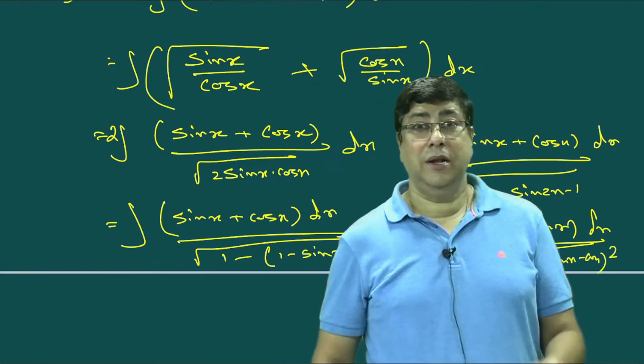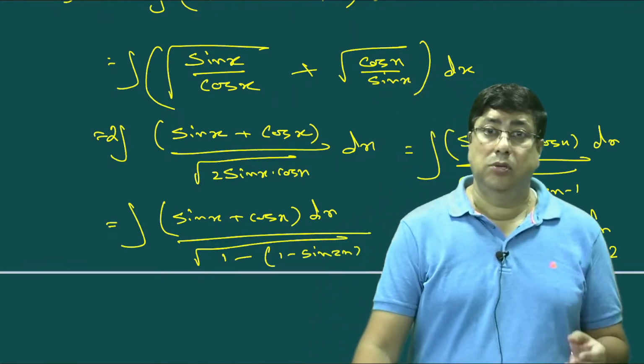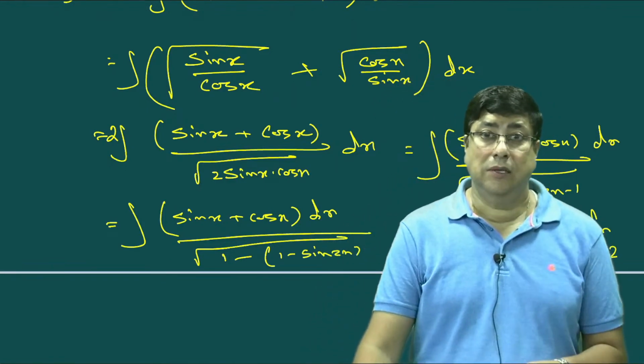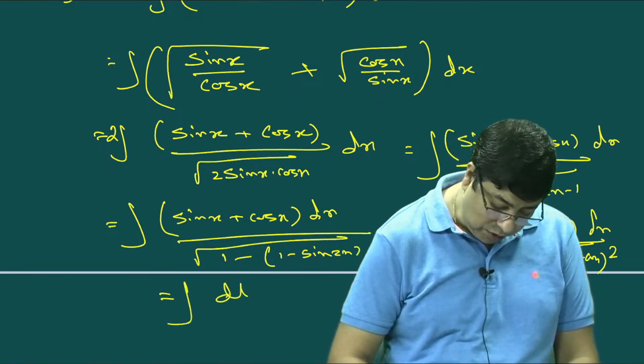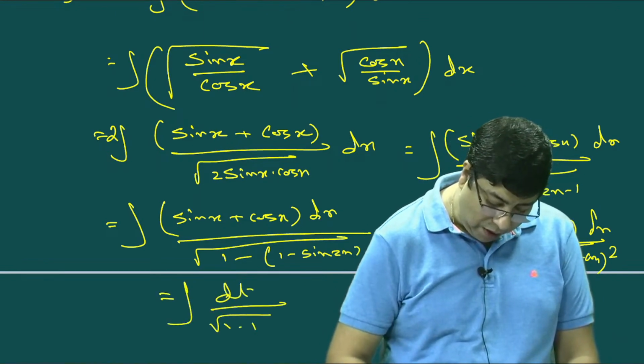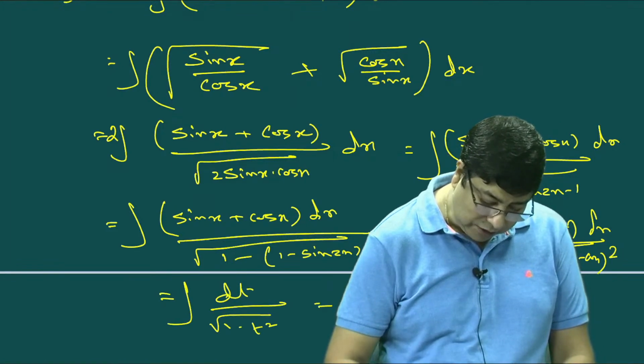If we take sin x minus cos x as t, then cos x plus sin x dx equals dt. So directly we are getting dt by root over 1 minus t square, that is sin inverse t, the final answer.